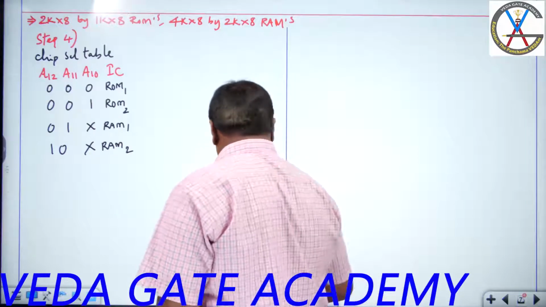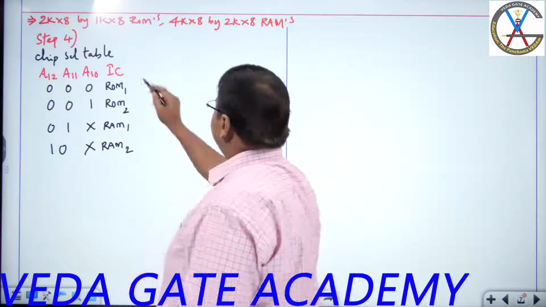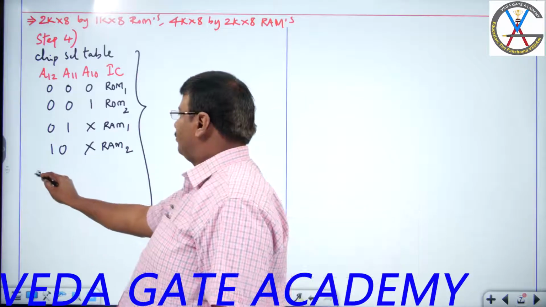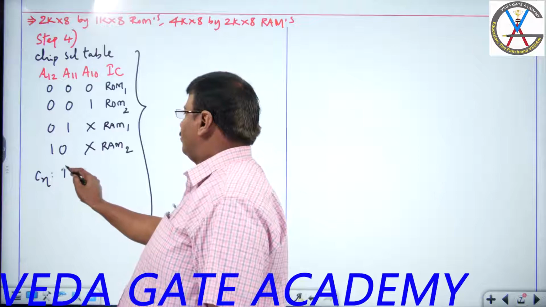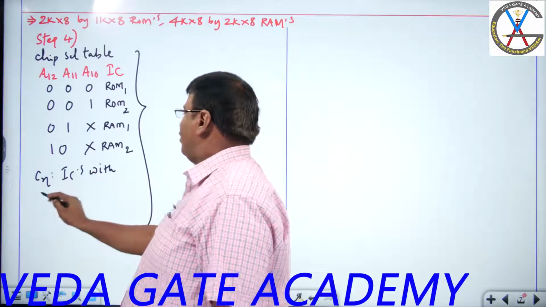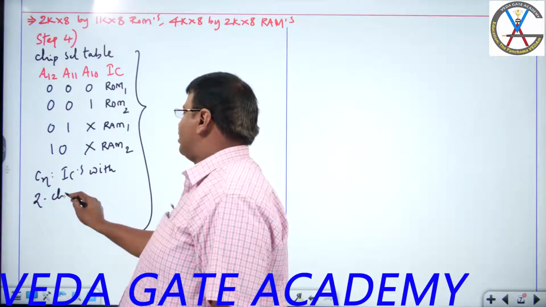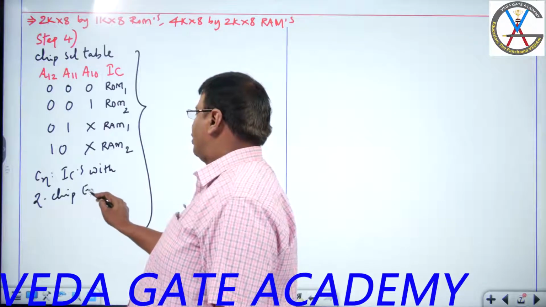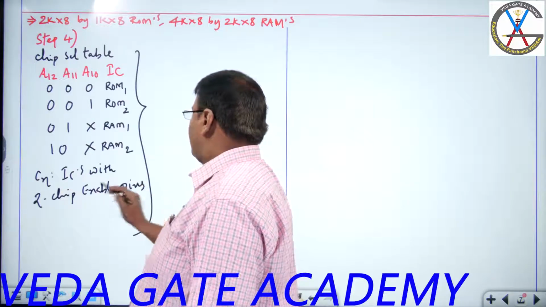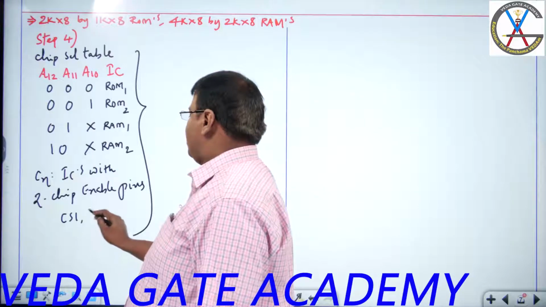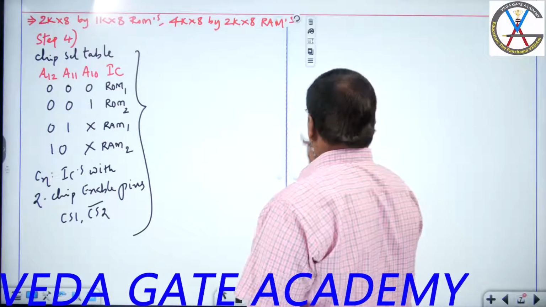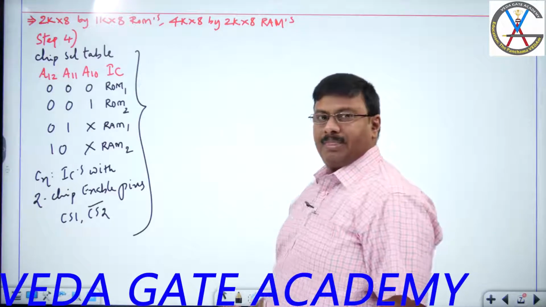Here the condition: ICs with 2 chip enable lines, CS1 and CS2 bar. Now let me draw the diagram.